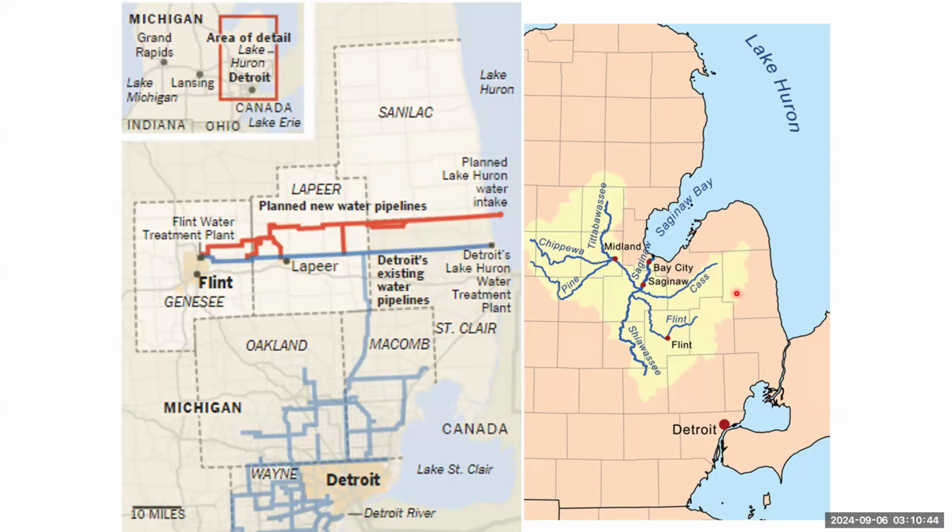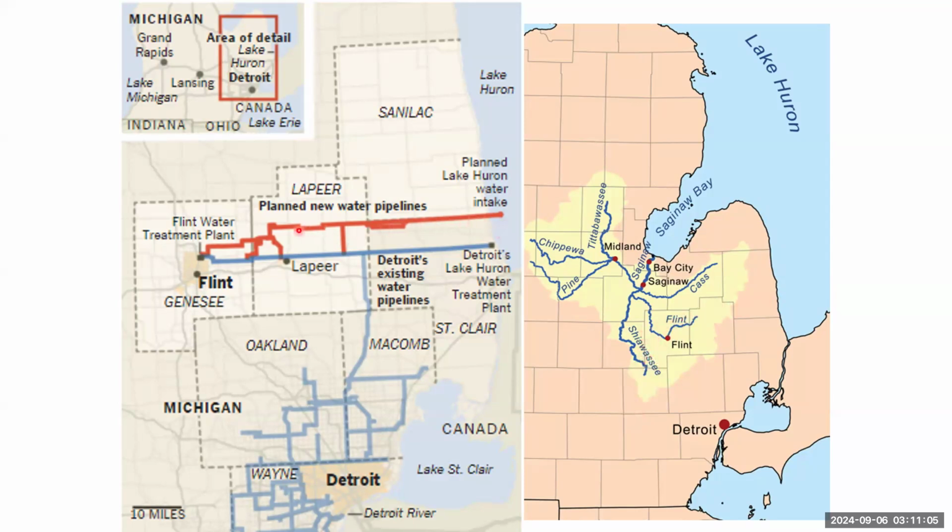It's very agricultural, pretty rural, some industry. It's not a great landscape to be getting your drinking water from, especially the closer you get to these urban centers here. This is kind of the urban line of Michigan right here. But that's what they did.